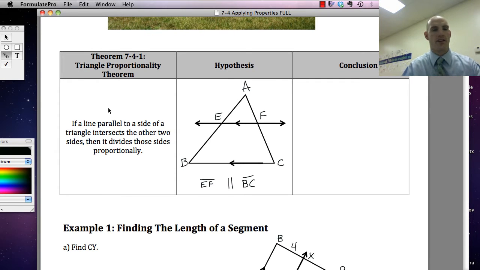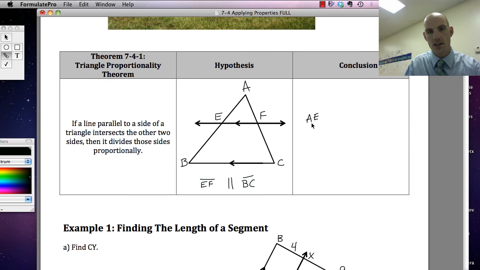The triangle proportionality theorem. If a line parallel to a side of a triangle intersects the two other sides, then it divides those sides proportionally. Okay, and so this triangle has a line that's parallel to one of the sides, and I've told you that EF is parallel to BC. So it divides the sides proportionally. The conclusion that we can make is this.